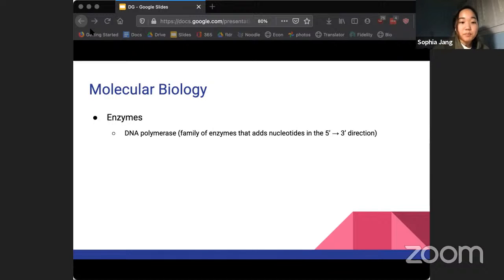For example, DNA polymerase often comes up on Designer Genes tests. You will want to know the functions of different types of DNA polymerase in DNA repair. DNA polymerase is responsible for creating a new strand in DNA replication through elongation. You'll also want to learn about restriction enzymes, which I think Stephanie will touch on a bit later.